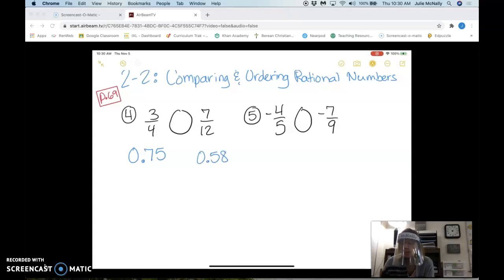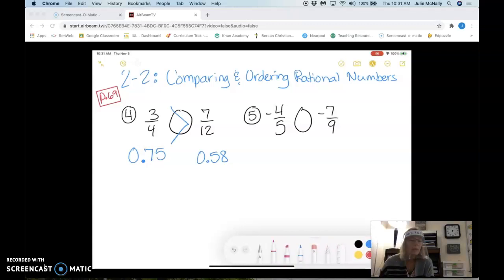So since 0.75 was 2 places after the decimal, I'm going to stop this one 2 places after the decimal as well. So now I have both my decimals. Which one's bigger? 0.75. Yep, Bella was right. Your prediction came true. Good job, Bella.